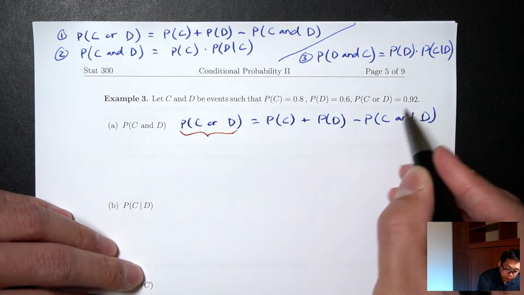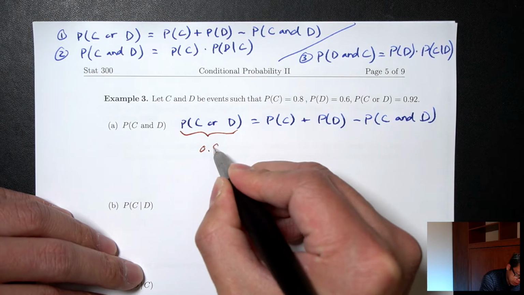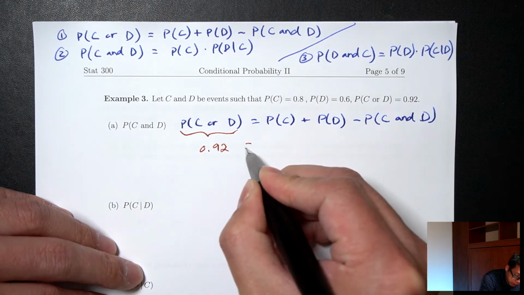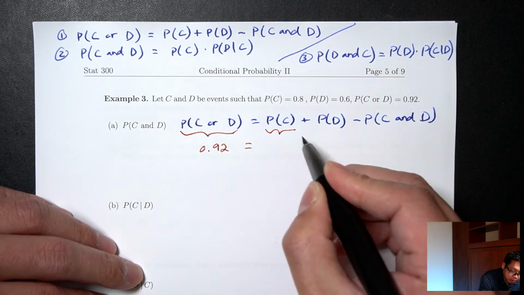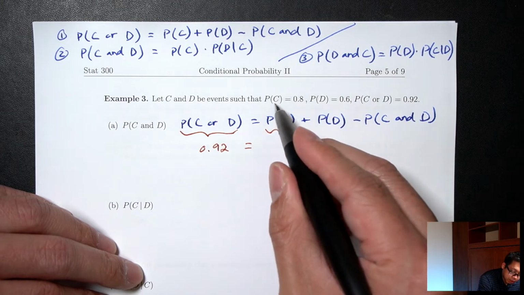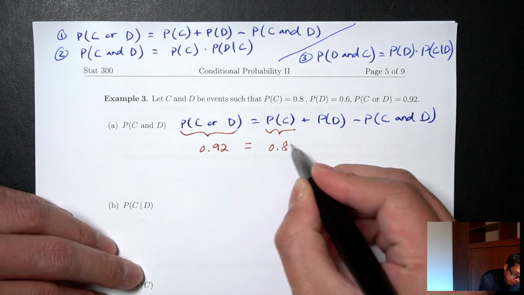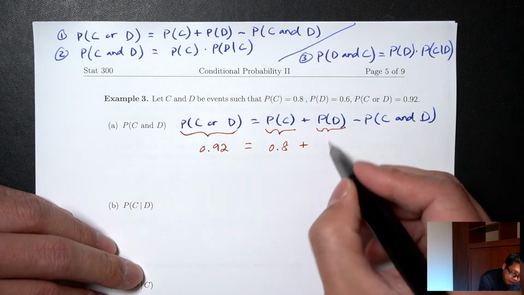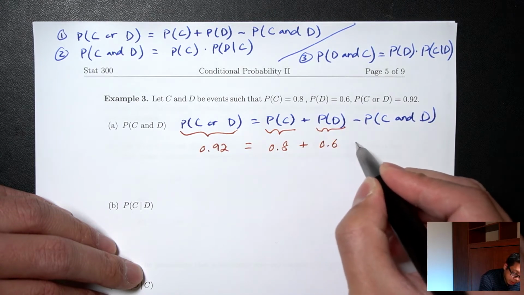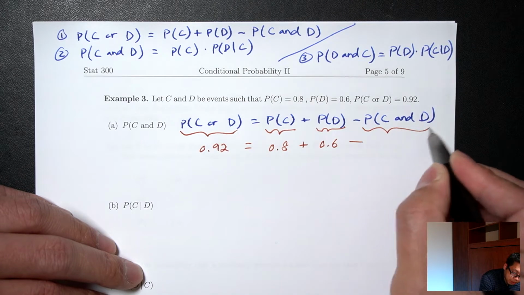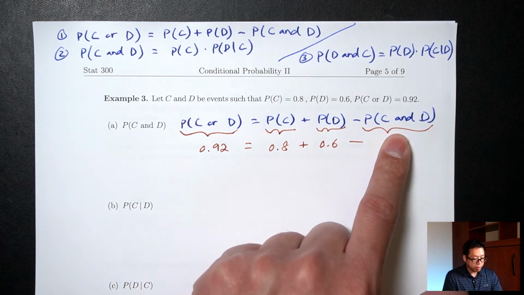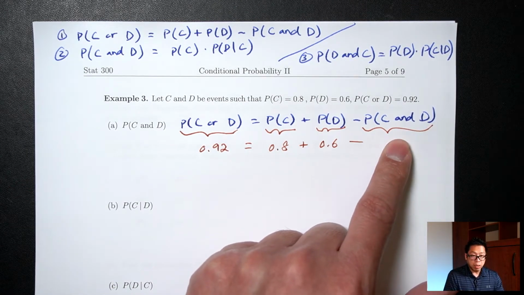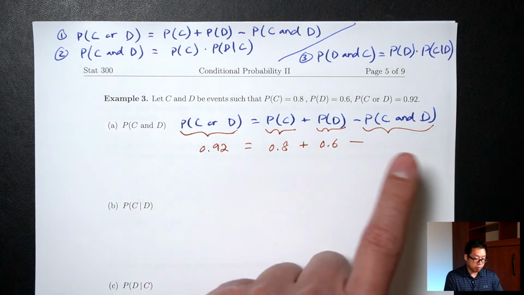I do. It's 0.92. So that entire thing is 0.92. I have an equals right here. Probability of C, do I know that? Yes, it's 0.8. Plus probability of D, do I know that? Yes, it's 0.6. Minus probability of C and D, do I know that? No, that's actually what I'm trying to find. So let me call that X.